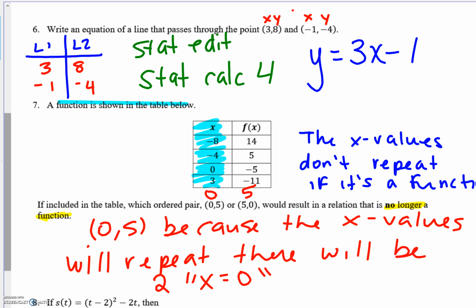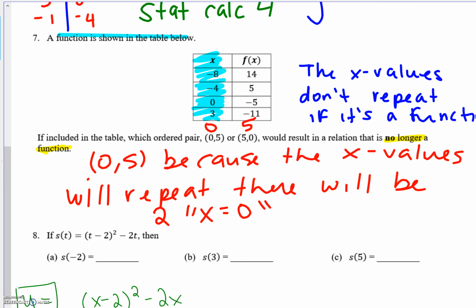minus 1. For 7, it's telling you there is a function in the table, and we know that it is a function because the x values are not repeating. Negative 8, negative 4, 0, and 3 do not repeat. Again, I don't really care about the y values in this case. The question goes on to say, if included in the table, which ordered pair, (0, 5) or (5, 0), would result in a relation that is no longer a function?